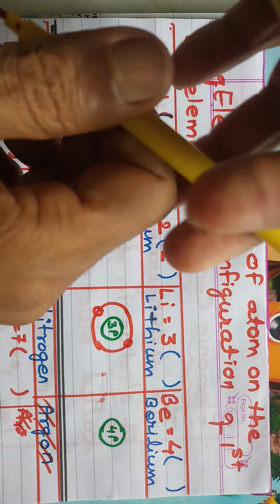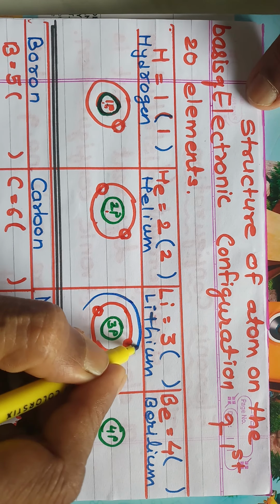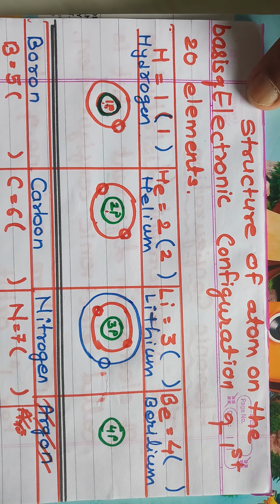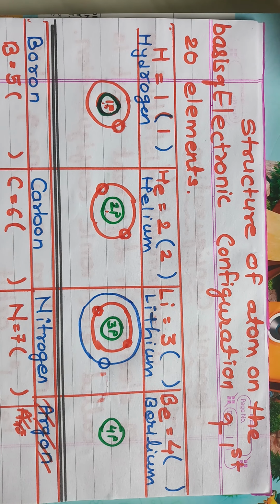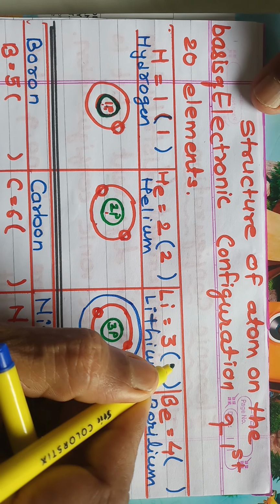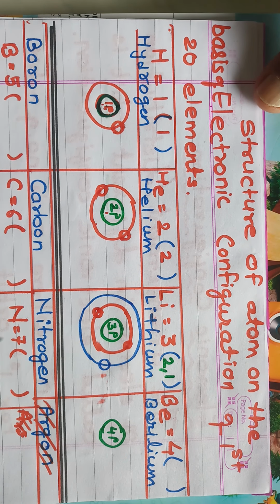Now the remaining 1 electron is occupied by the second orbit. So the distribution is like 2 and 1. So the electronic configuration of lithium is 2 1.